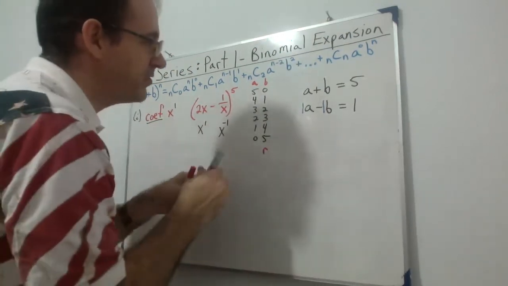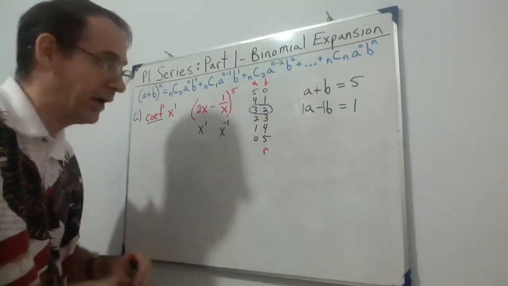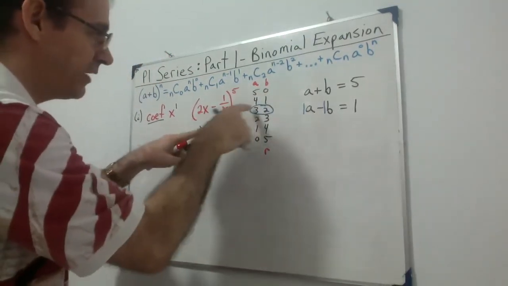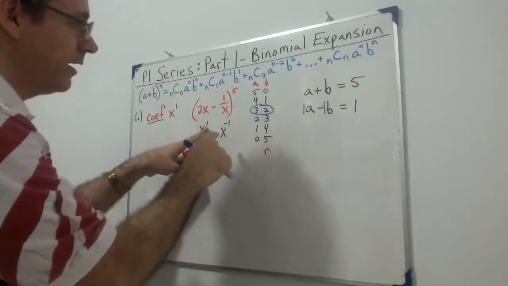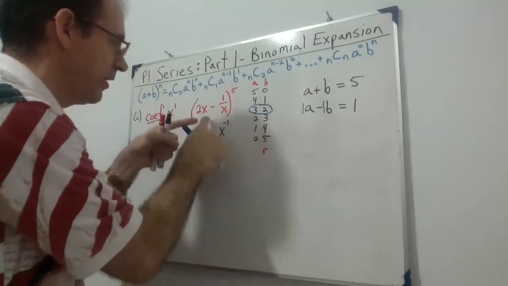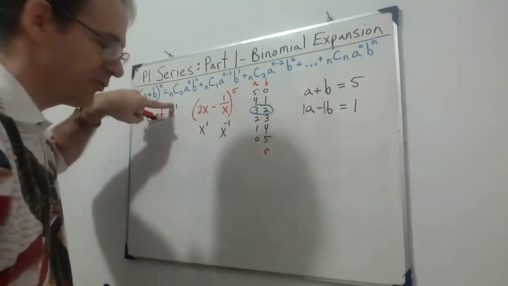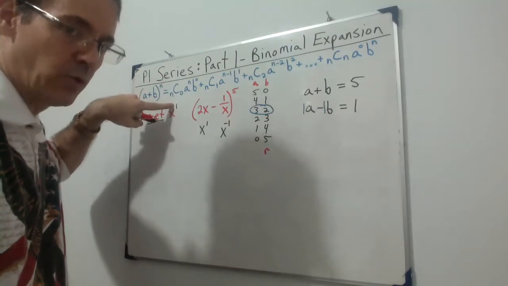So I just mentally go through it, and this is the combination that we want. A 3, 1 times 3 is 3, plus a negative 1 times 2 is negative 2. 3 plus negative 2, or 3 minus 2, is equal to 1, and that's the outcome that we want.